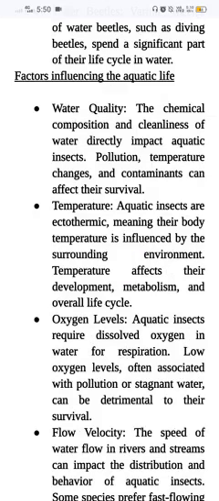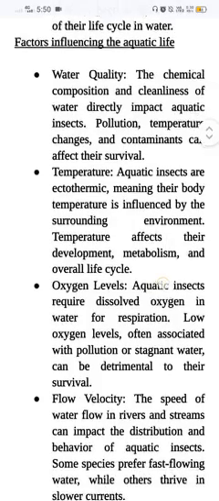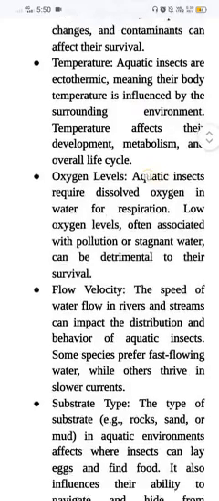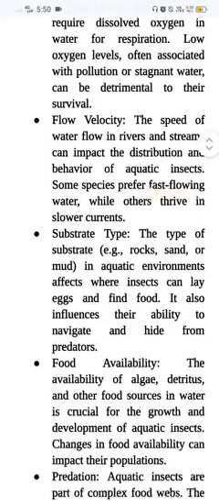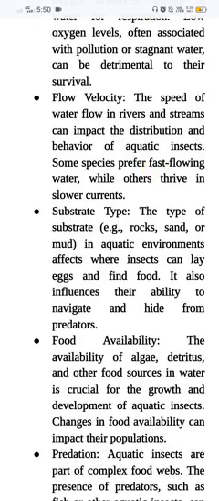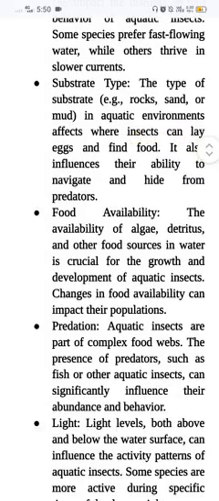Some factors include water quality, temperature, oxygen levels, flow velocity, along with substrate type. What type of substrate is that, like rock, sand, or mud? And food availability of algae, detritus, and other food sources.